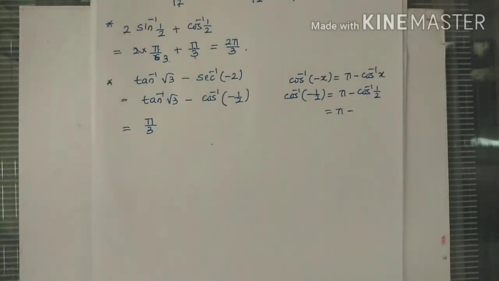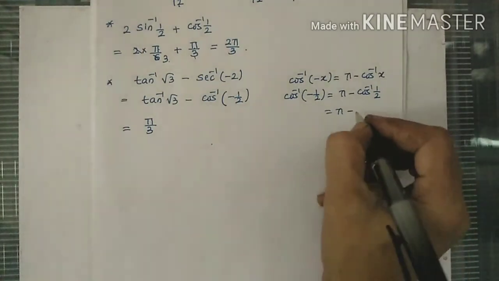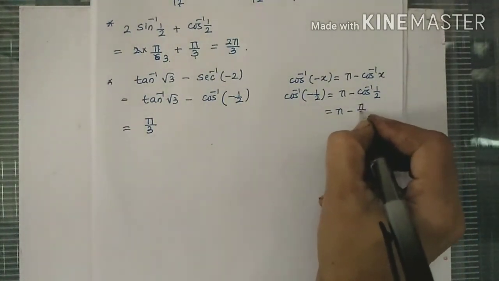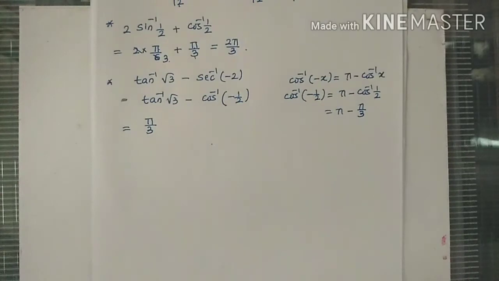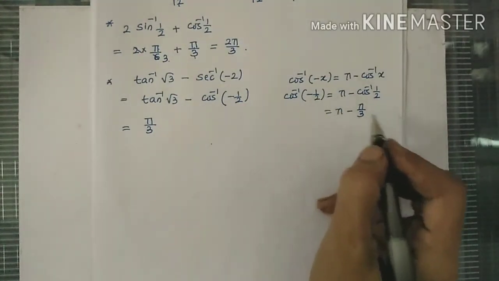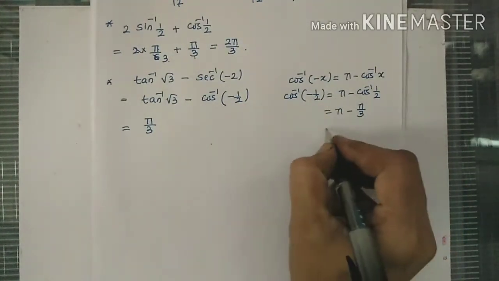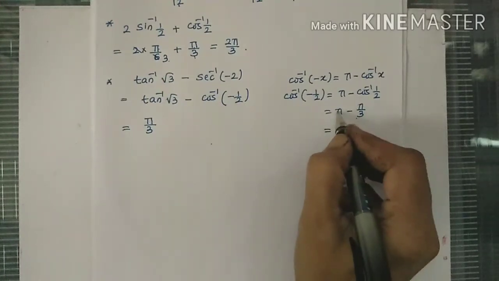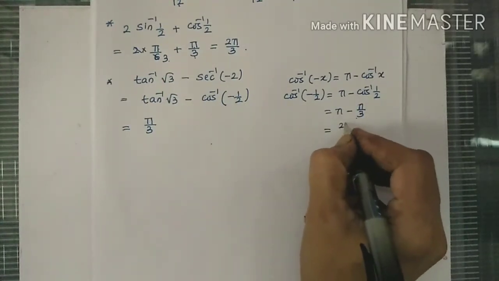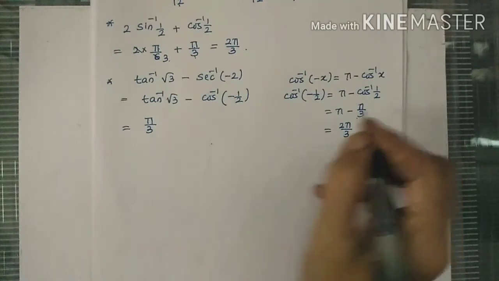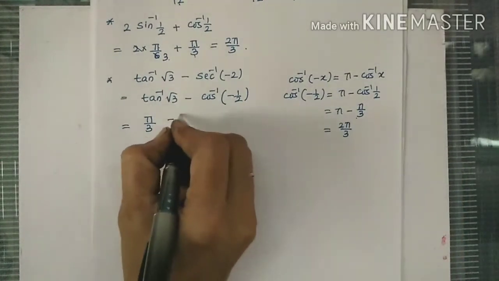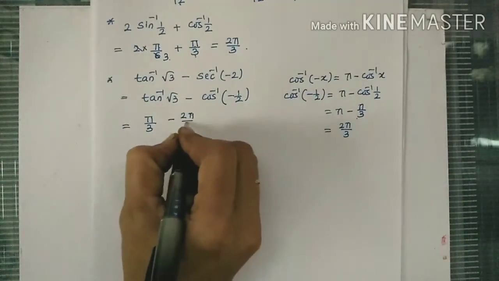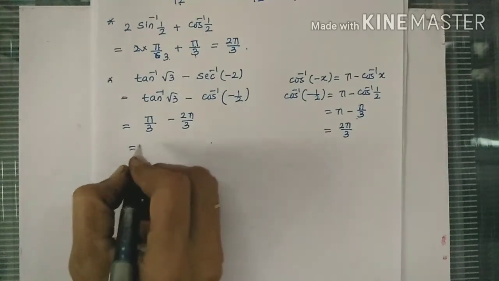The angle for which cosine ratio is half. Now cosine ratio is half for 60 degrees, that is pi by 3. So cos inverse of minus 1 by 2 is pi minus pi by 3, that is 3 pi minus pi, 2 pi by 3. So substituting the value, cos inverse of minus half is minus 2 pi by 3.